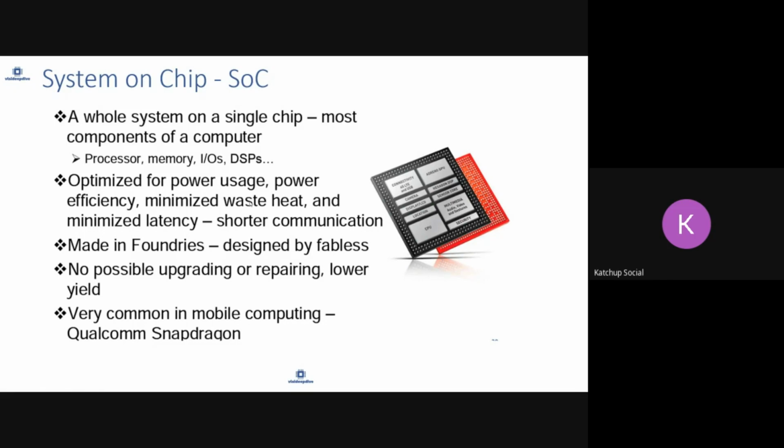It minimized waste heat, and it also minimized latency, because all the parts were on one chip, so communication with each other was faster. Most of the time it was made in foundries and designed by a lot of fabless companies, but it was not possible to upgrade or repair. It was very common, for example, in mobile computing, where Qualcomm Snapdragon is one of the prime examples.